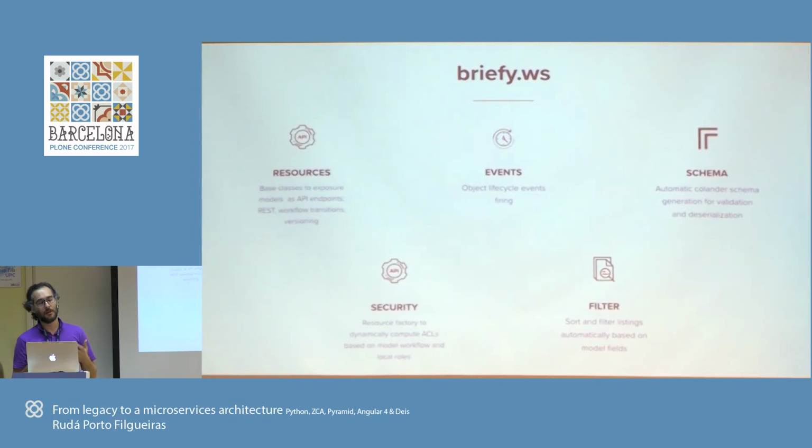One important thing inside this, in the REST methods, we fire object lifecycle events. Like we have in Plone, when an object is created or changed, we fire an event that will be sent to the queue and can trigger actions that I will show later. And this included also the workflow.